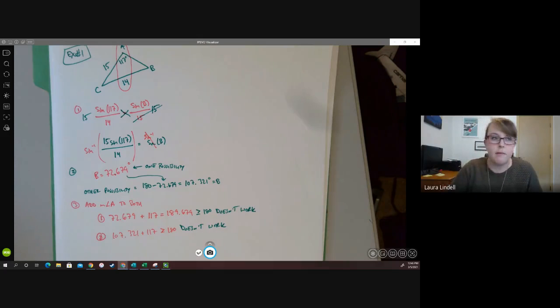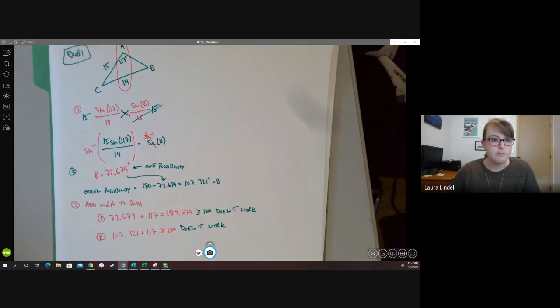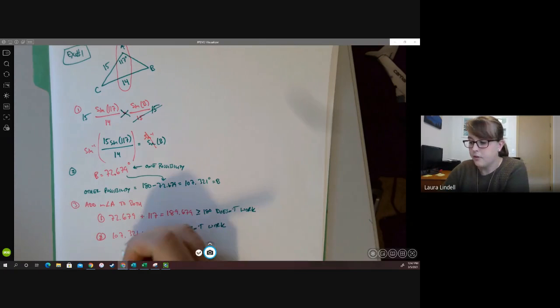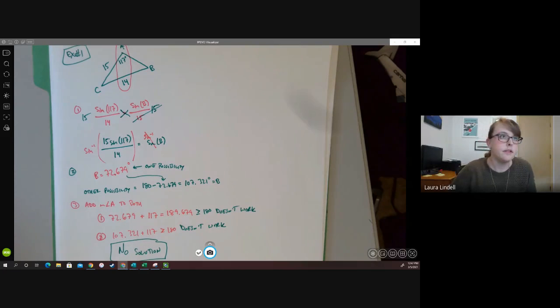Okay. So that means that the information that we were given to make a triangle doesn't actually make a triangle. So this one has no solution. Okay. So that first one, in the ambiguous case of the law of sines, has no solution.